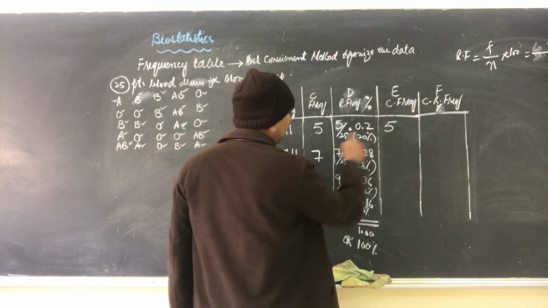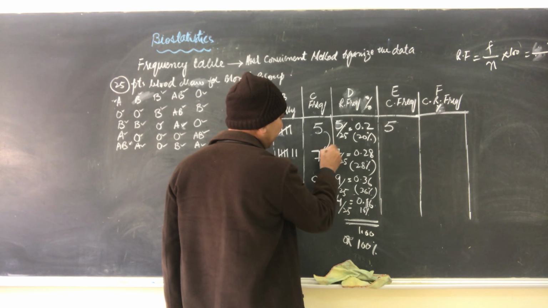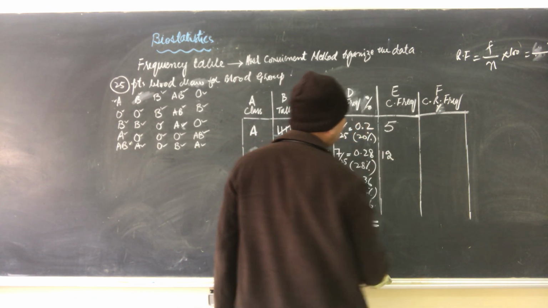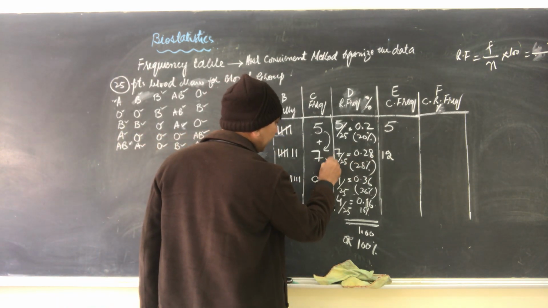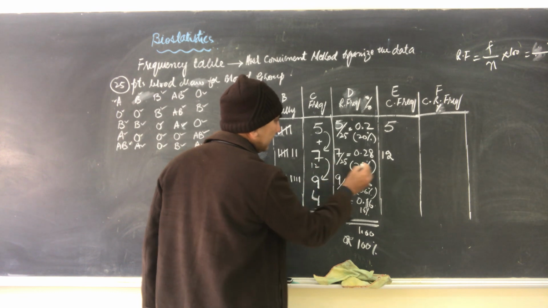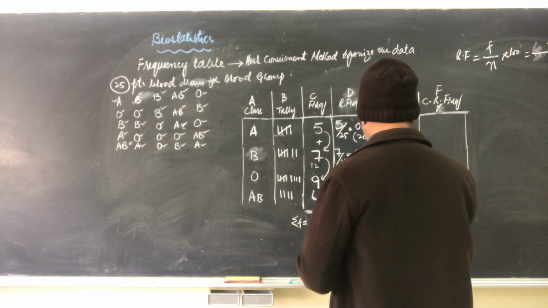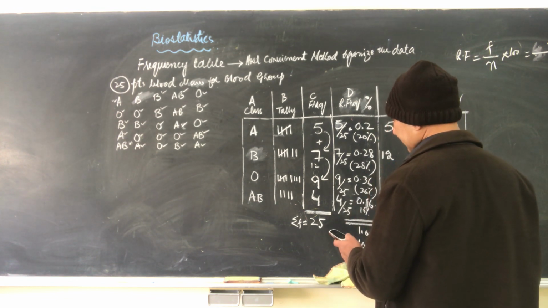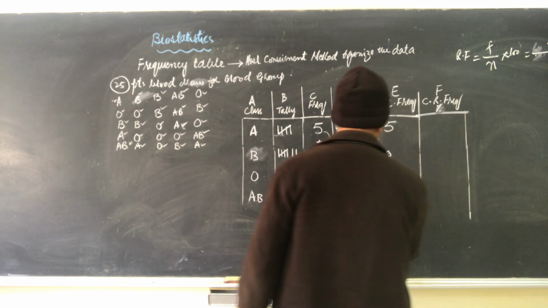Now 5 plus 7 is 12. Okay. Now 12 plus 9 is 21.